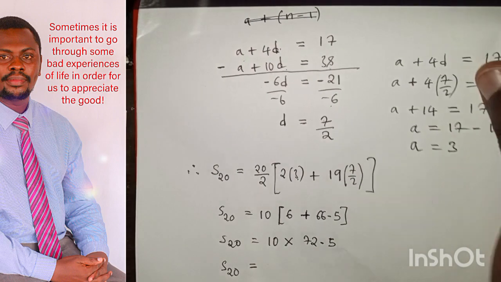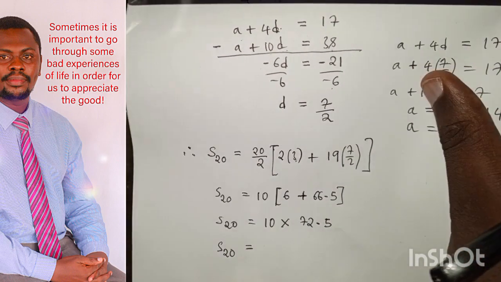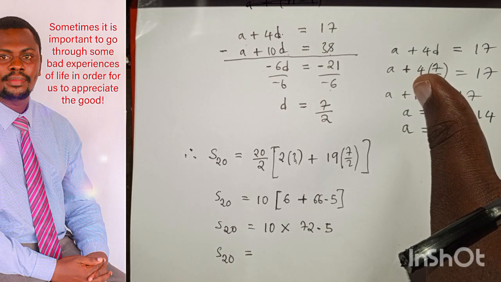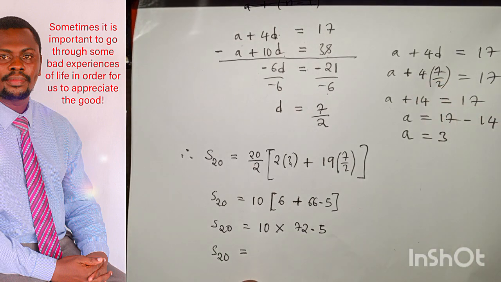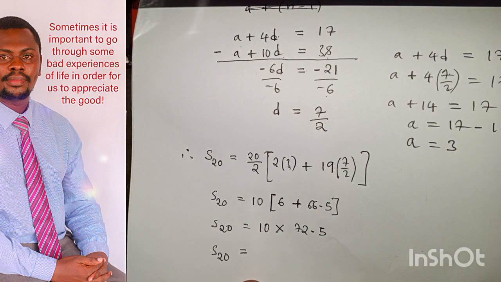When you are multiplying a decimal number by 10, you just shift the decimal point one step to the right. If it was 100, you shift the decimal point 2 steps to the right.